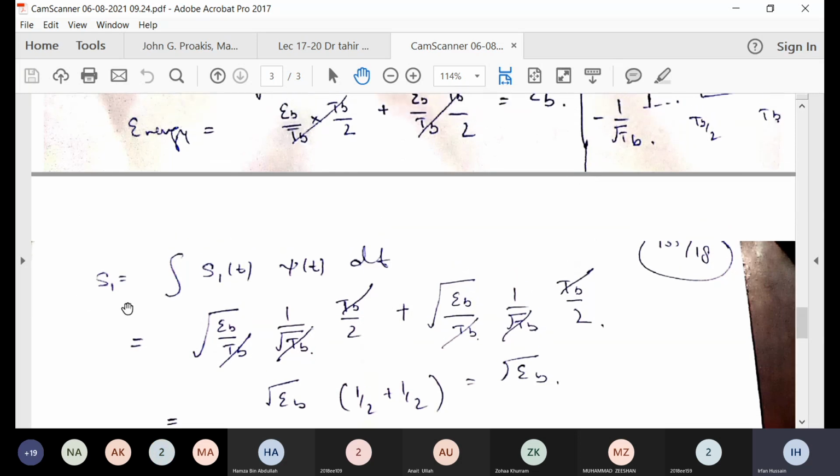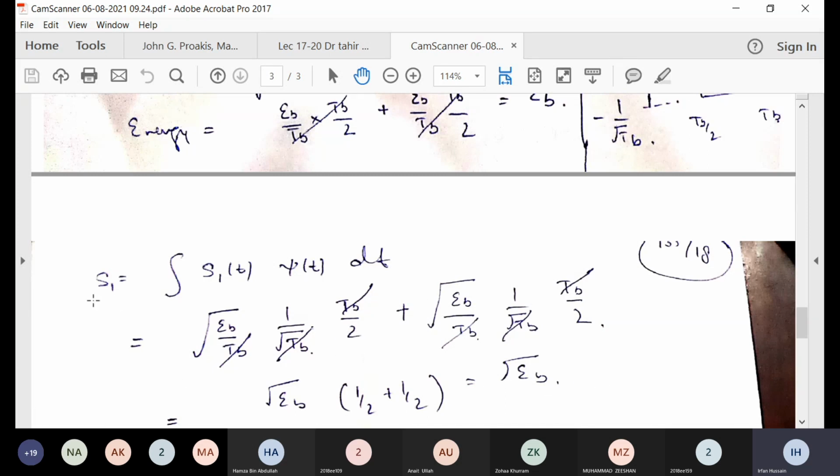And here I have also calculated the projection of S1(t) onto psi(t), and you can see it comes out to be under root Eb. Because for psi(t), for the first part, it is 1 over under root Eb, and the interval for S1 is Tb over 2. So you can see all of it cancels, and then half of plus 1.